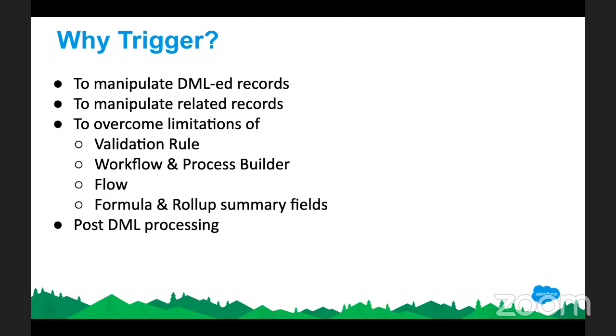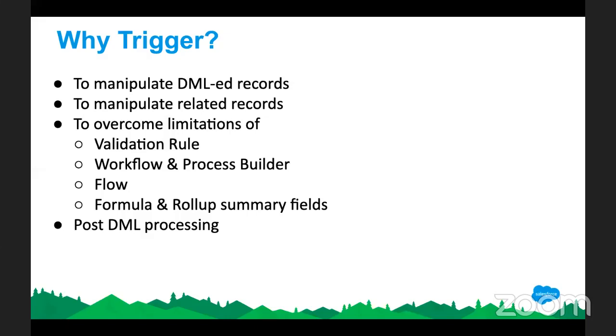Workflow and process builder are somewhat similar. The conditions or the criteria should be built from the same object or the parent objects. And for flows, formula fields, roll-up summary fields, if the relationship is master-detail, that is tightly coupled, we can roll up data from the child records. But if it is a lookup relationship, we cannot count or calculate from the child records.